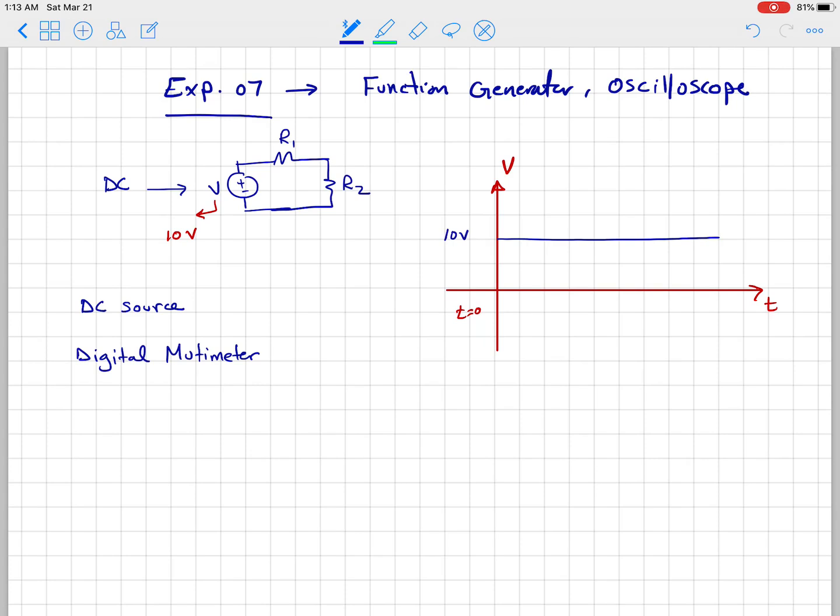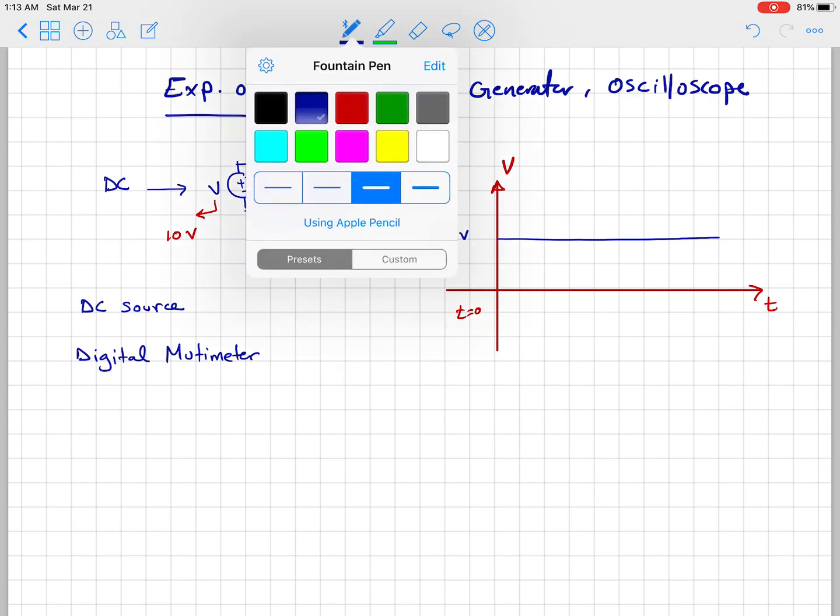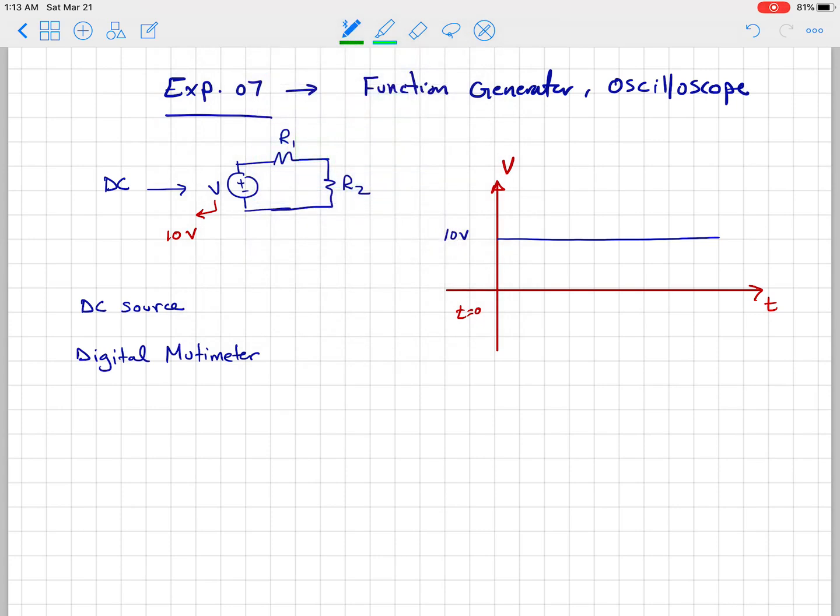For example, let's assume that for the same circuit here, let me draw it again in a different color. So V1 is now a function of time.